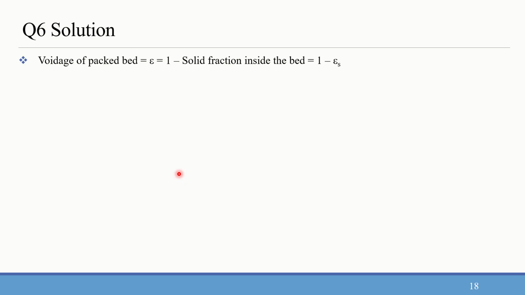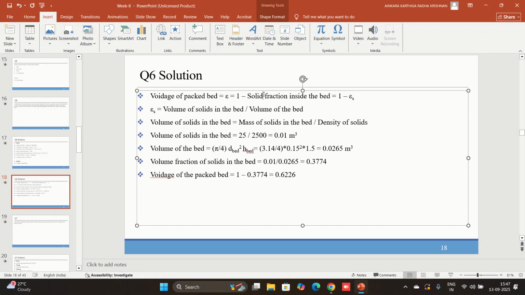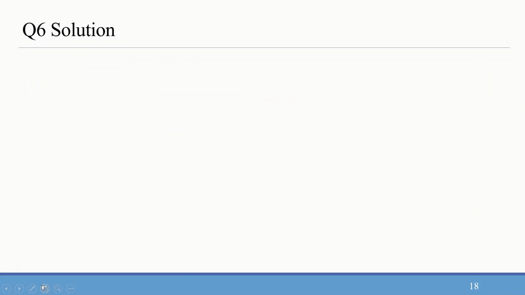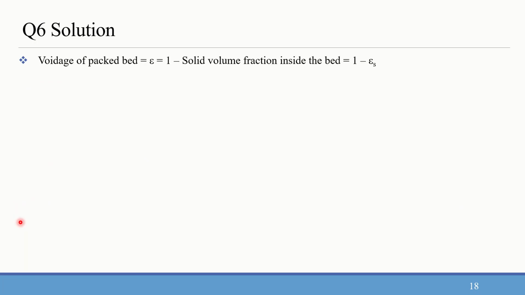So voidage of the packed bed is given by epsilon is equal to 1 minus solid fraction inside the bed, that is 1 minus epsilon s. So epsilon s is the solid volume fraction inside the bed, and epsilon s is given by volume of solids inside the bed divided by the volume of the bed.